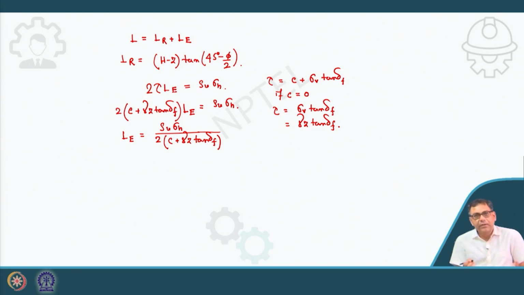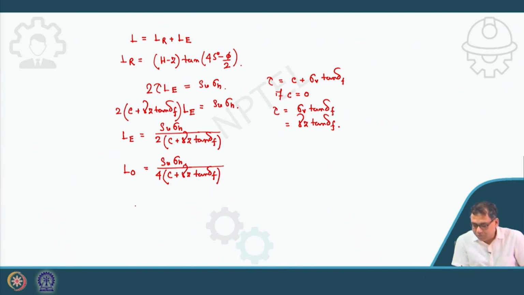Clear? That way I can determine the LE. Similarly, the L0 expression is SB into sigma h divided by 4 into C plus gamma Z tan delta f.